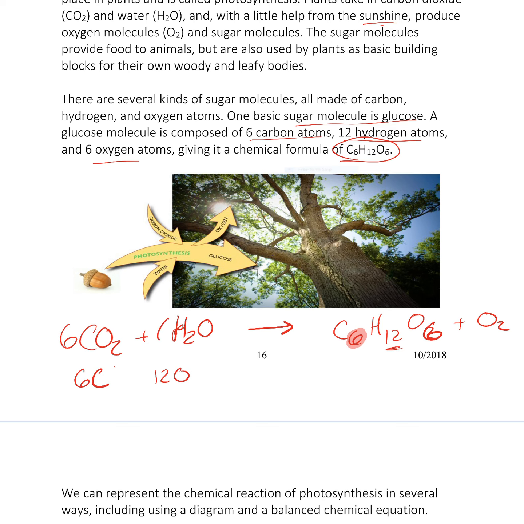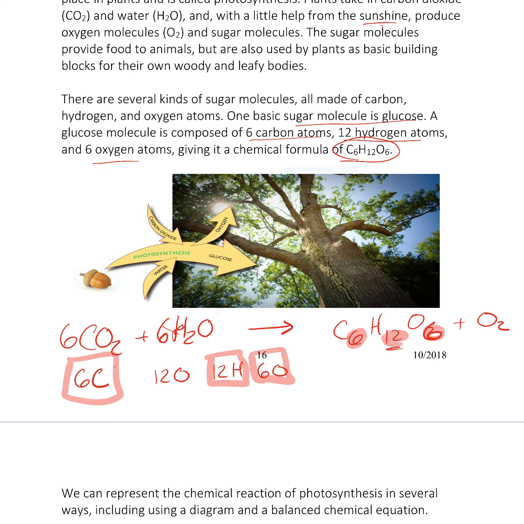So let's make that 6 of those waters. 6 waters would give us 12 hydrogens and an additional 6 oxygens. Well, that's good because if we take these 12 hydrogens, these 6 oxygens, and these 6 carbons, we can add up the 12 and the 6 oxygens that we needed.